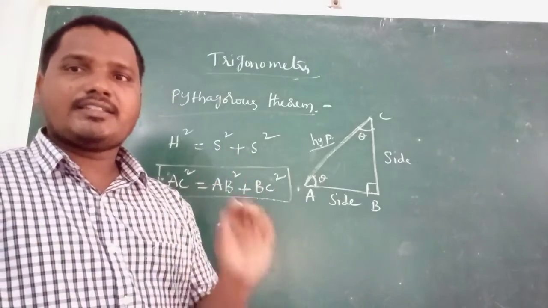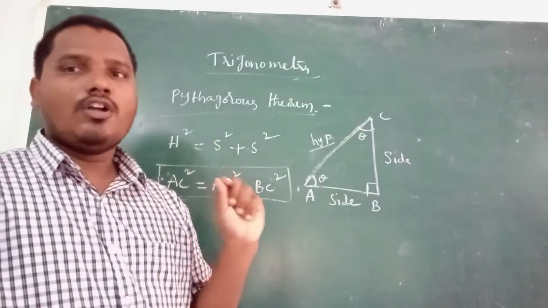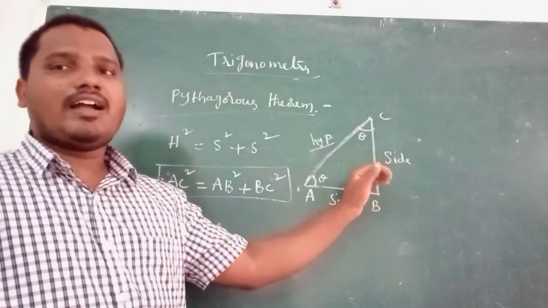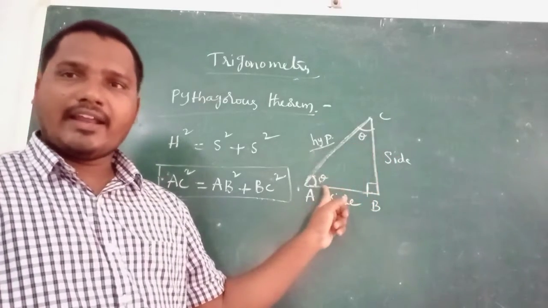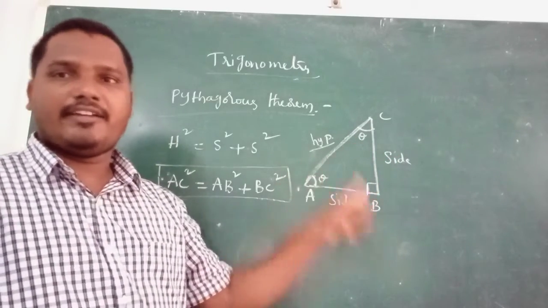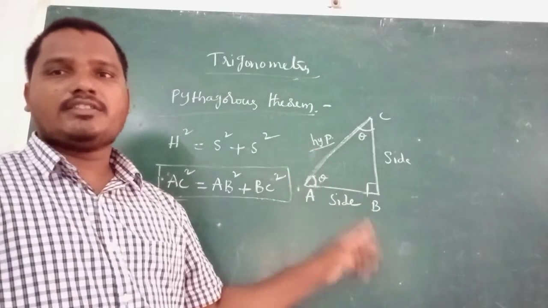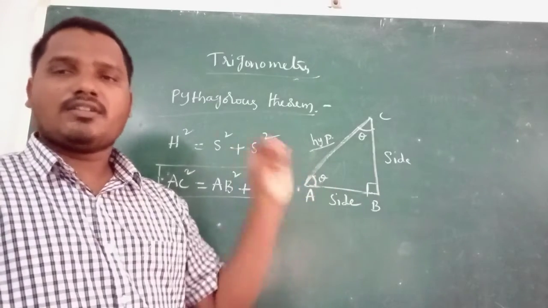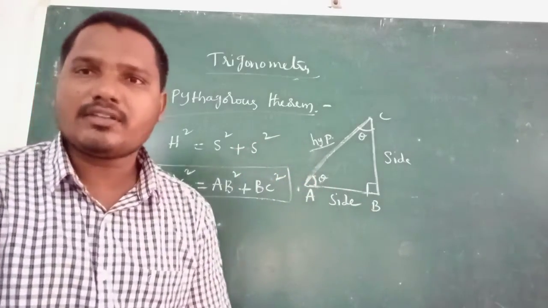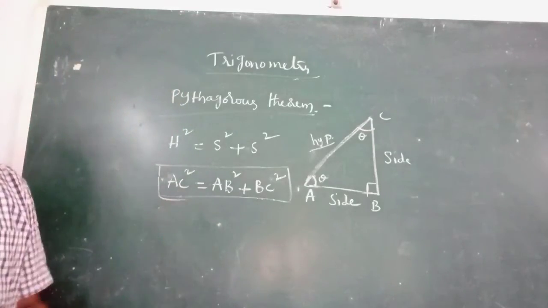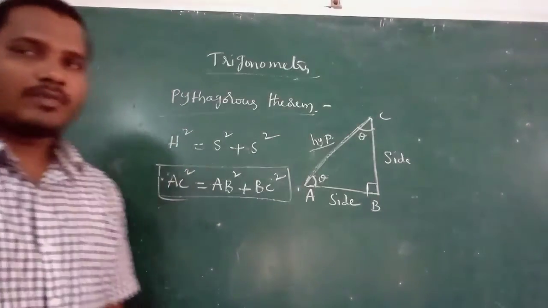Opposite side and adjacent sides will be changed. So if you are taking theta at any angle, except 90 degrees, the Pythagoras theorem is the same. This is about Pythagoras theorem.